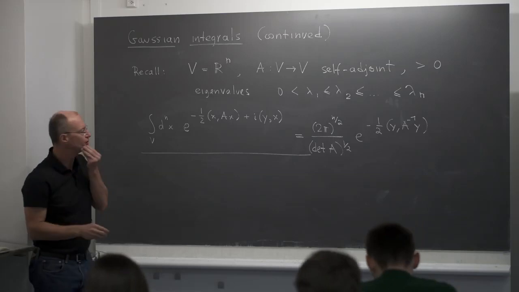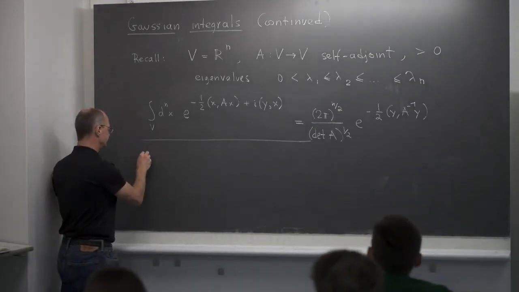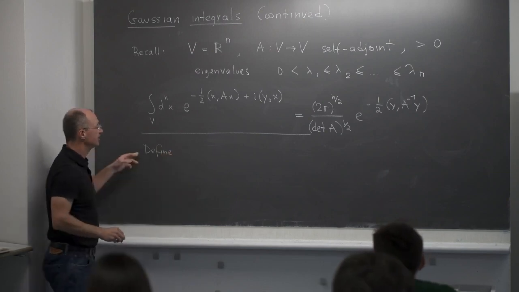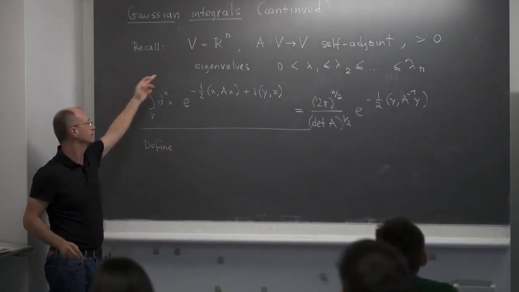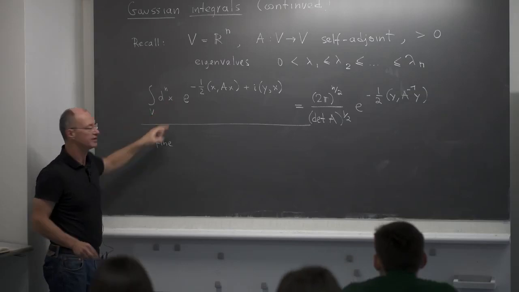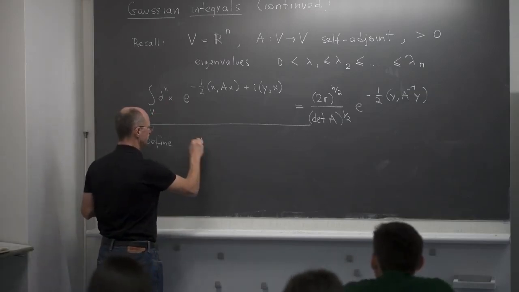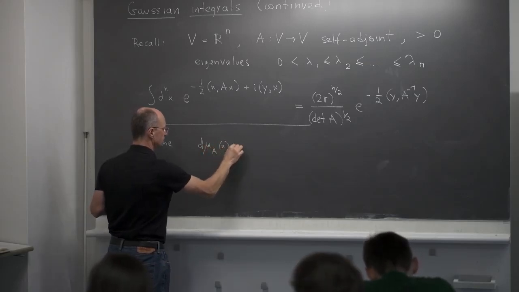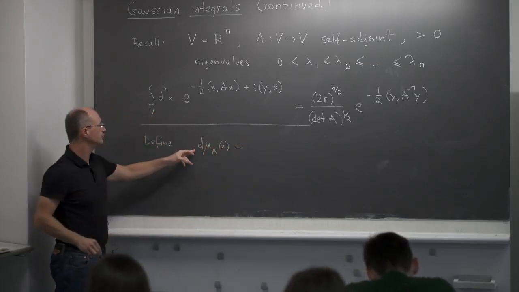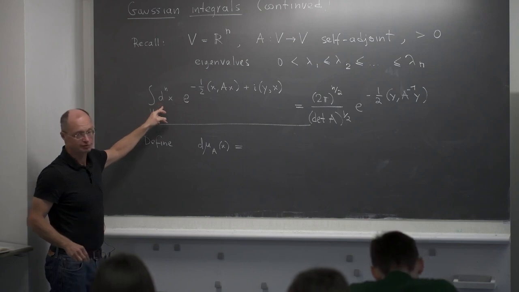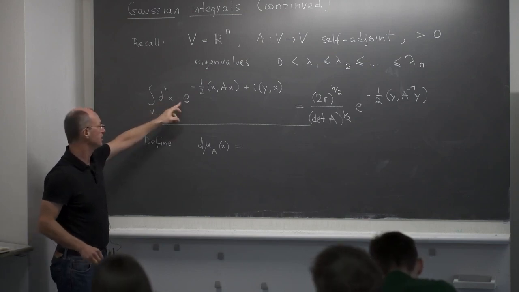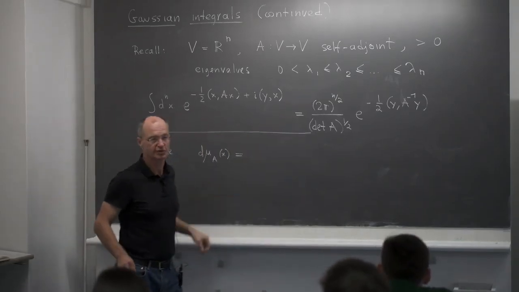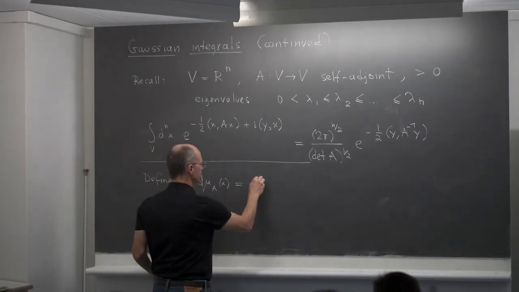Now let's do the following. Let's define a new measure on V. So now we are integrating with respect to the Lebesgue measure d^n x. So let's define a new measure which will be proportional to the Lebesgue measure with the combination of factors from the left-hand side and from the right-hand side.